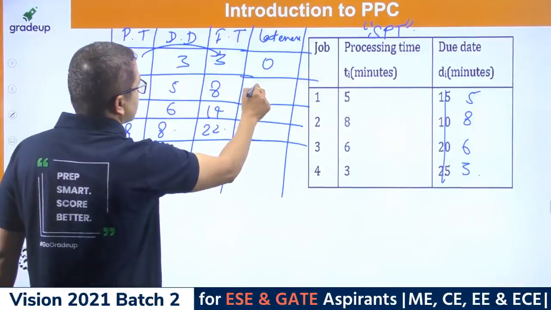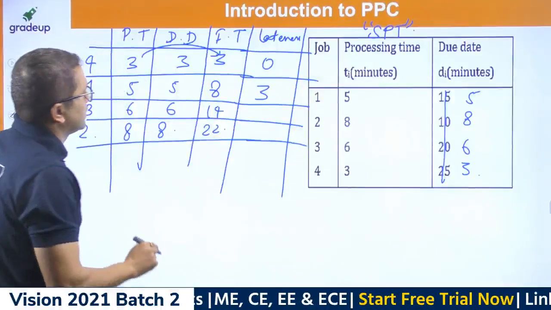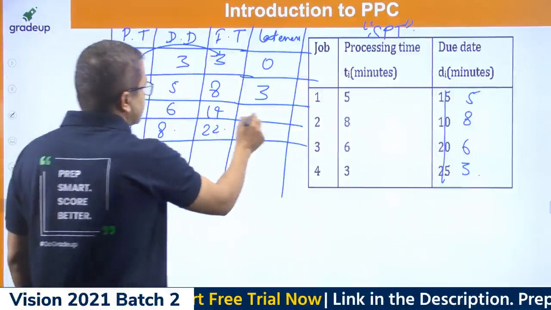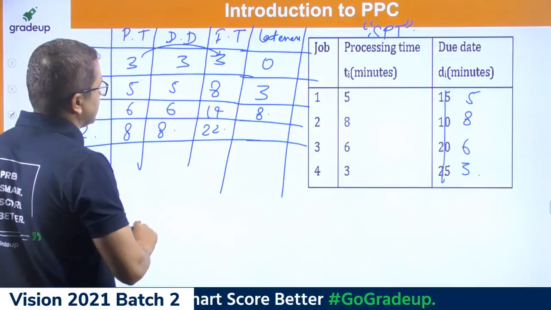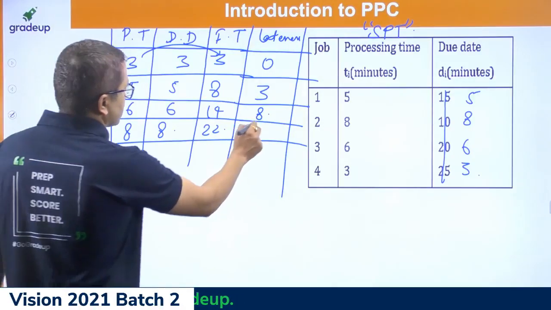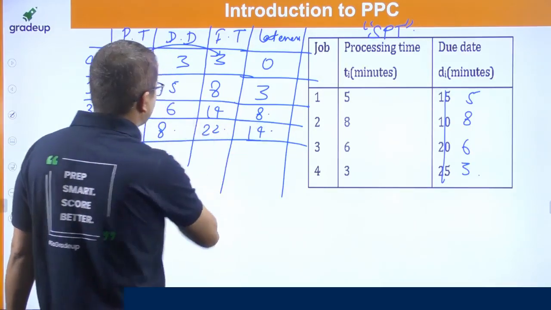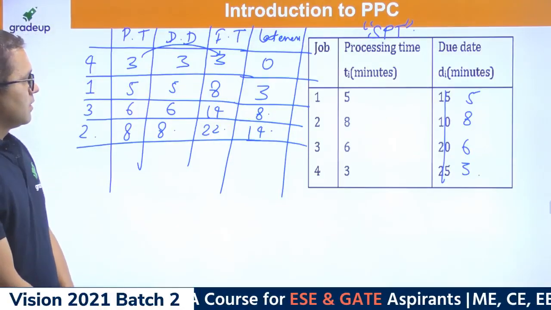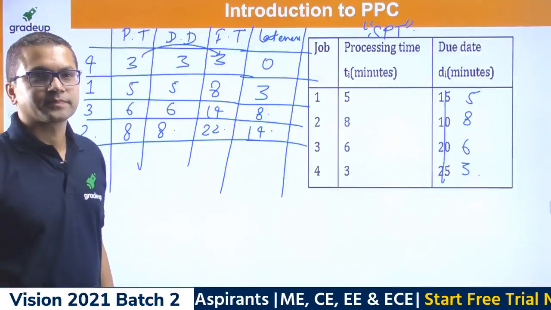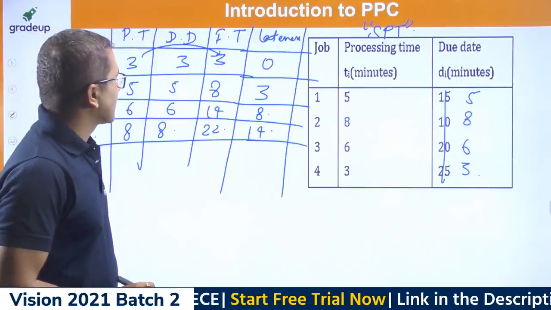Lateness I'm going to write 3, that's 8 minus 5. 14 minus 6, that's 8. Is that good? Yes. And this is going to be 14, that's 22 minus 8. Is it good? Yes.